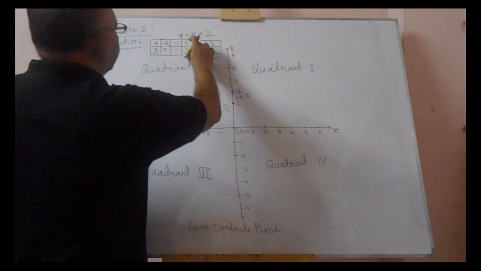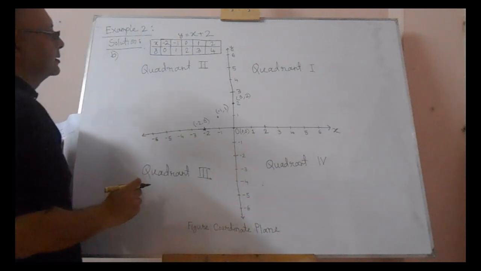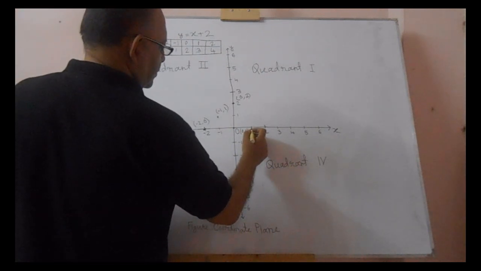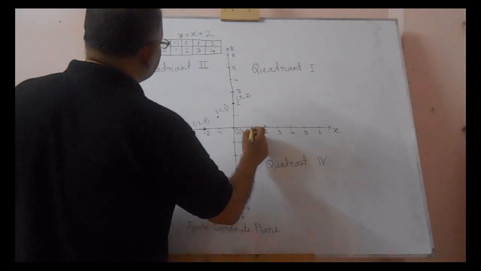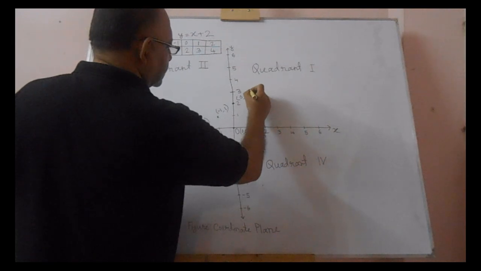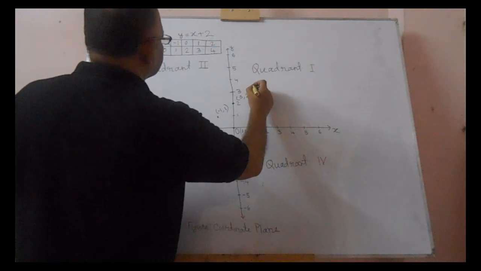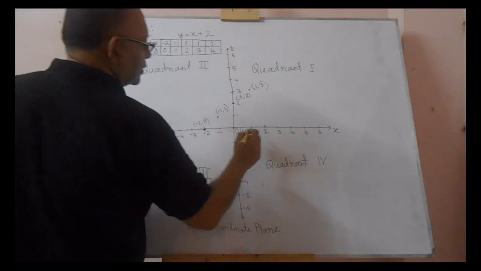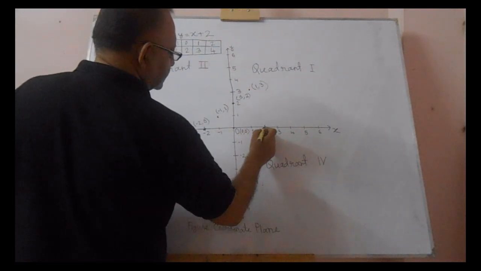X equals 1 and y equals 3. From this point, we will go 3 points up. 1, 2, 3. This is the point 1, 3. X equals 2, y equals 4. So 1, 2. This is x.